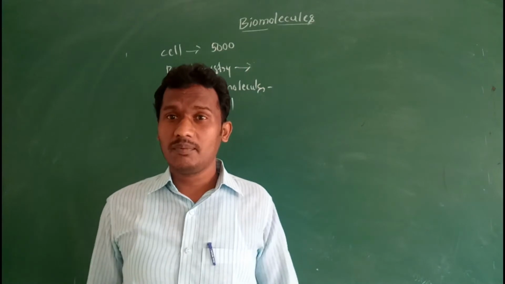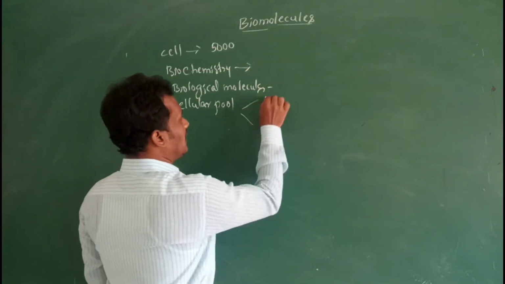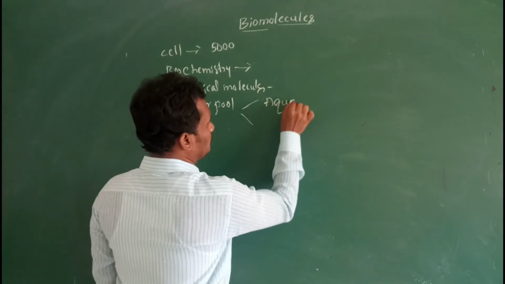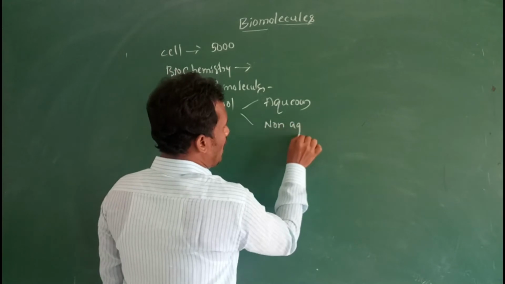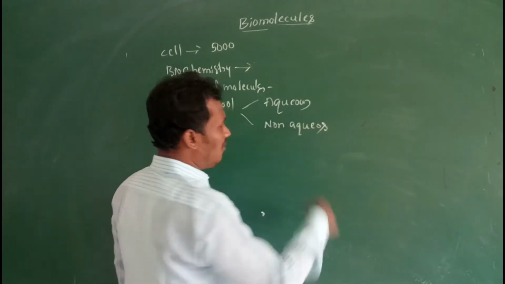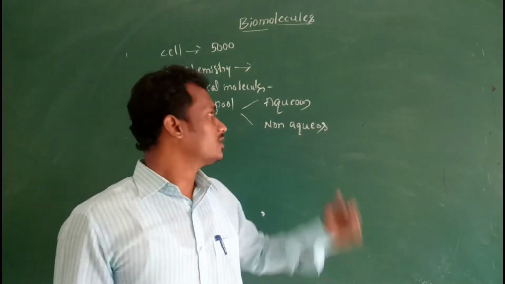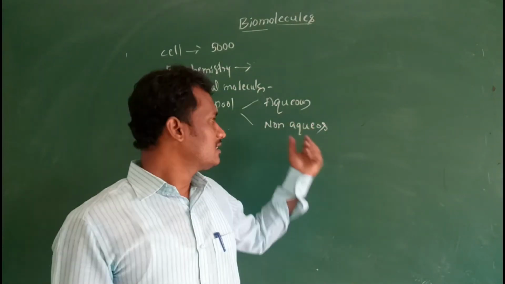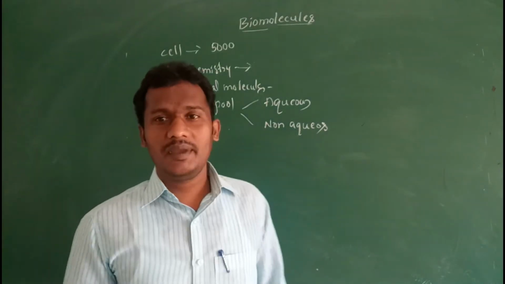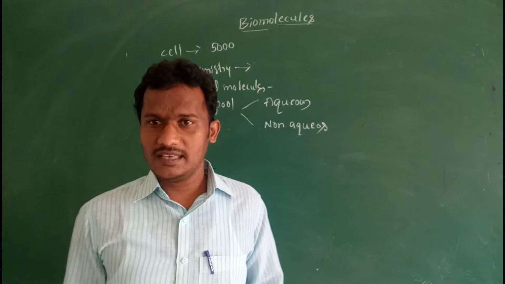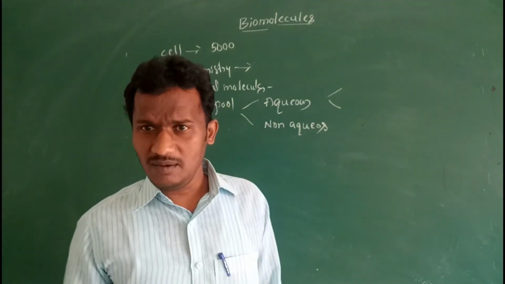In the cellular pool, two phases are present. The first one is the aqueous phase, and the second one is the non-aqueous phase. In the aqueous phase, two types of solutions are present.